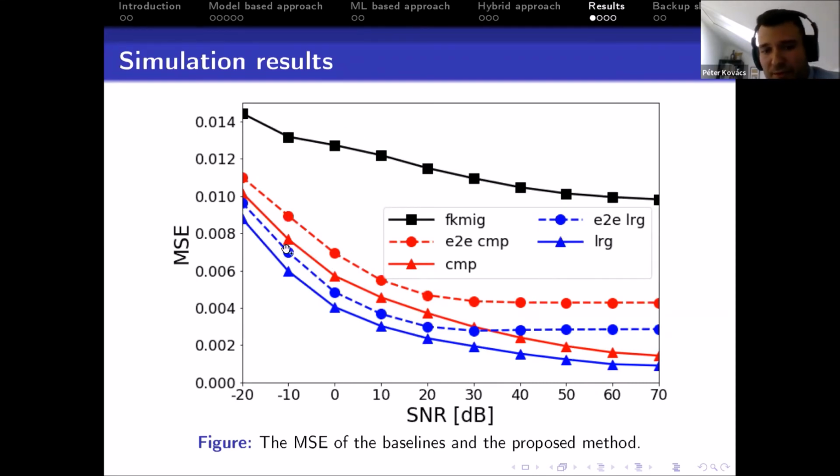There is not too much difference between the hybrid and end-to-end approaches, but there's an interesting phenomenon around 30 dB. The end-to-end network cannot improve anymore. But the reconstruction provided by the hybrid approach, the one which utilizes the two-stage reconstruction process, still increases.